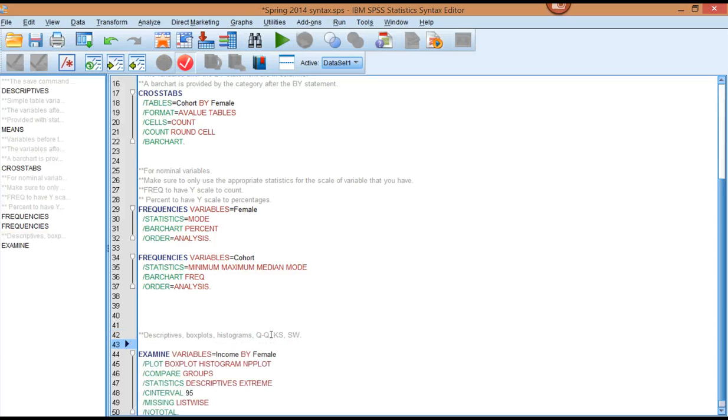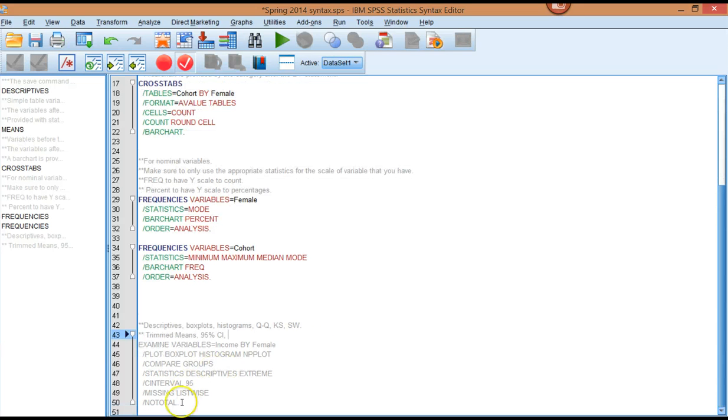In addition, one thing that's available with the explore command that I like a lot is you get trimmed means, you get 95% confidence interval, or whatever confidence interval you would like to have. You can change that here.